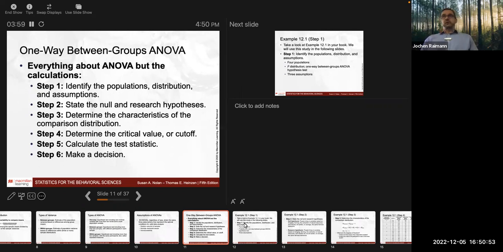Remember, the F score table basically has two axes. One goes horizontally and constitutes the number of groups. That's the so-called numerator, and the rows are the denominator, the degrees of freedom amongst all groups.